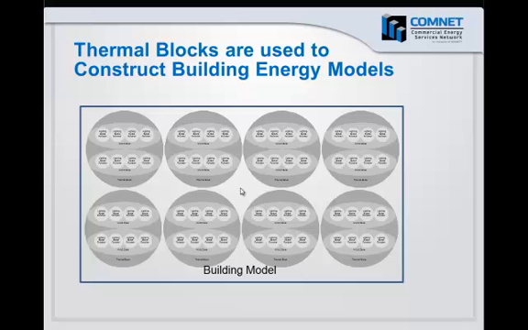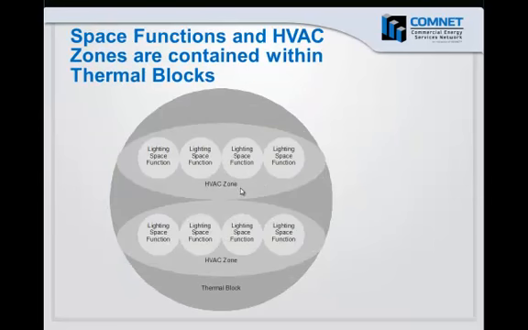Moving on to thermal blocks. I'm sure most of you are familiar with this concept. Thermal blocks are thermal zones, and they make up the building model. A thermal block can consist of one or more HVAC zones, and then in turn the HVAC zones can include one or more lighting space functions.